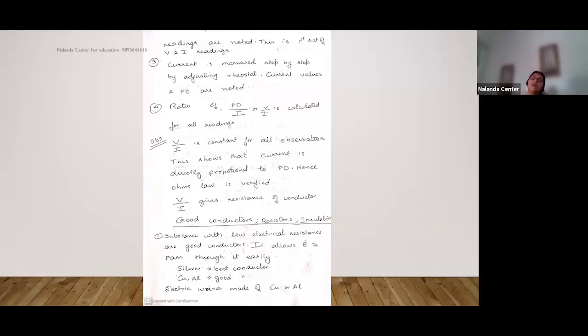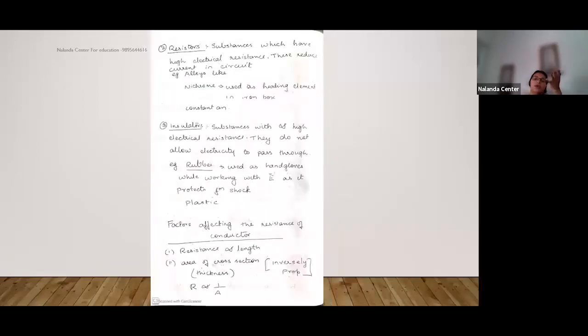Silver is the best conductor. Copper and aluminum are also good conductors. Electric wires are generally made using copper or aluminum. Why is that so? In spite of silver being the best conductor, silver is very, very costly. So we use the second best, copper and aluminum. They are also equally good conductors.